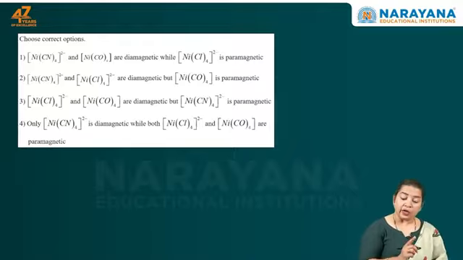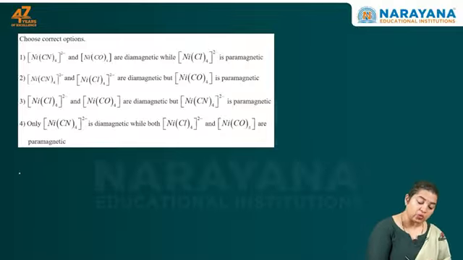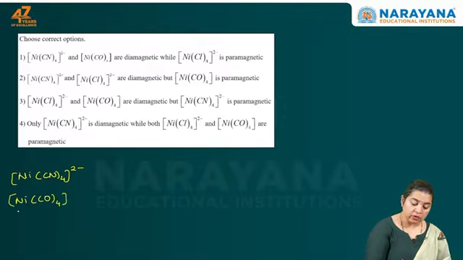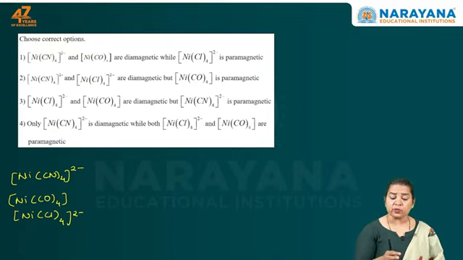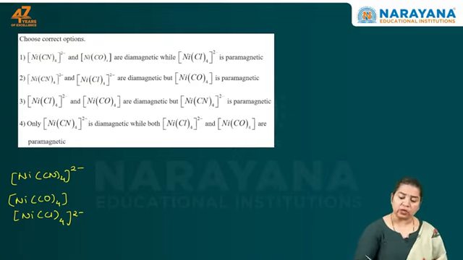In all 4 options, the complexes used are Ni(CN)4 2 minus, Ni(CO)4 and NiCl4 2 minus. We are asked about their diamagnetic and paramagnetic nature.